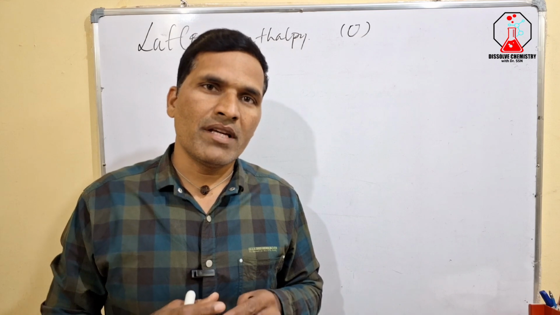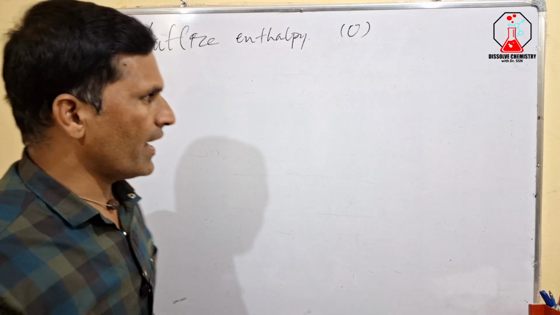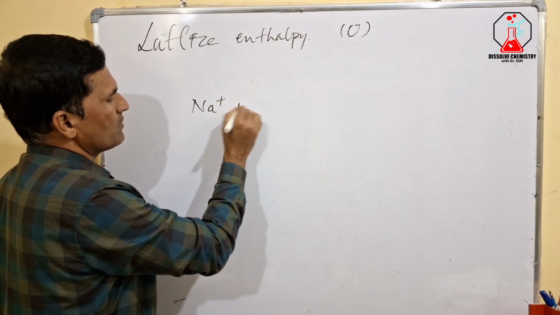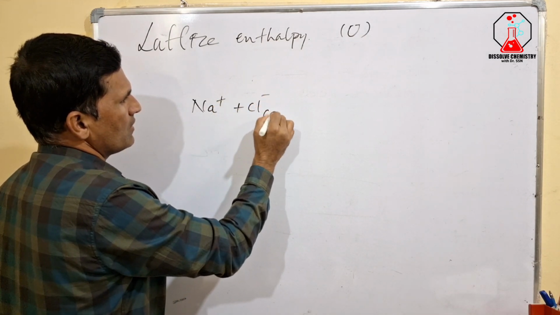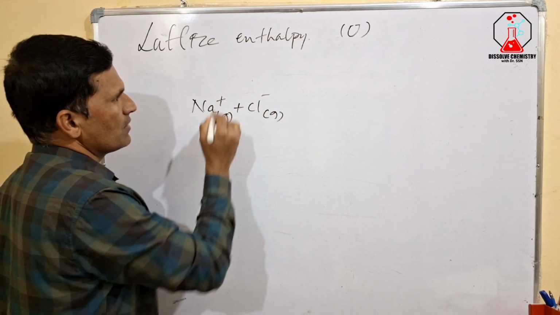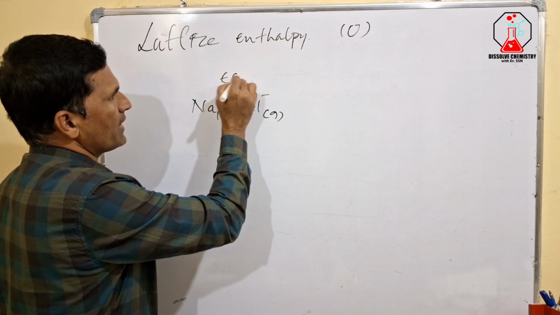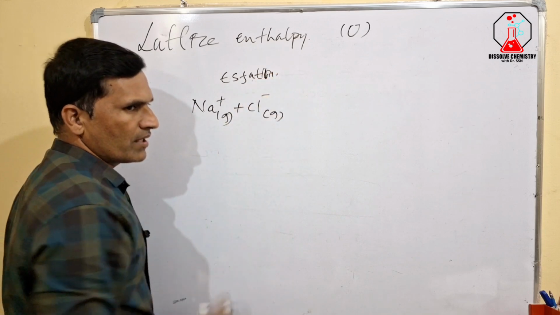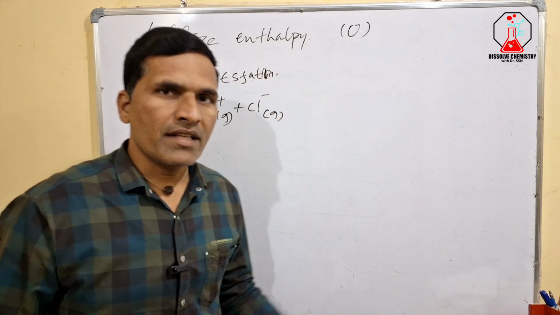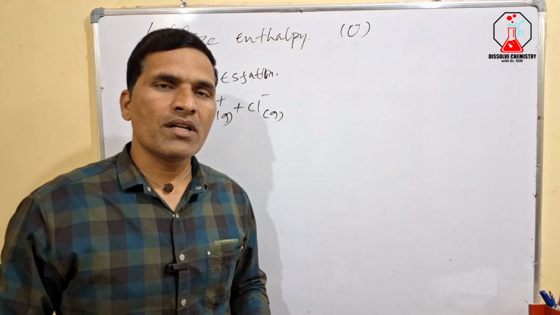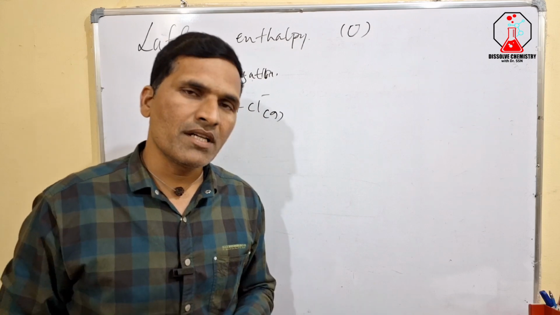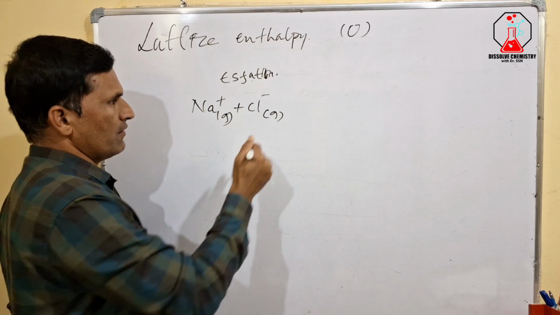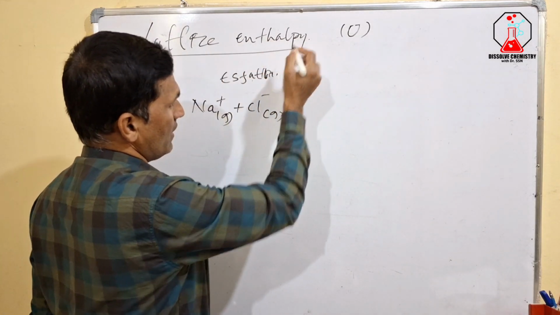And during their formation, when the cations and anions, for example Na plus and Cl minus gaseous ions, come closer to one another by electrostatic force of attraction and form the crystal, a lot of energy is liberated, and that energy we call lattice enthalpy.